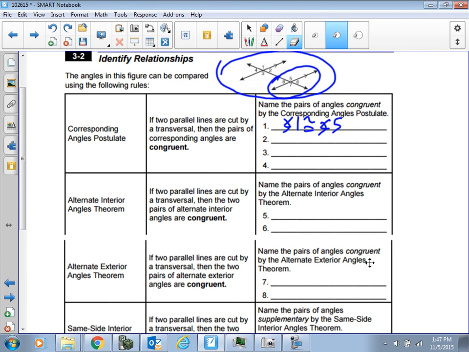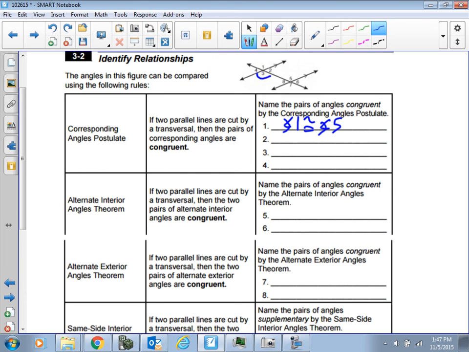We've talked about also alternate interior. Again, we can look here, angle 3 and angle 5. They are inside of our parallel lines. These are our two parallel lines, and they're on the alternate or opposite side of that line that's cutting through. So we have angle 3 is congruent to angle 5 because they are alternate interior.